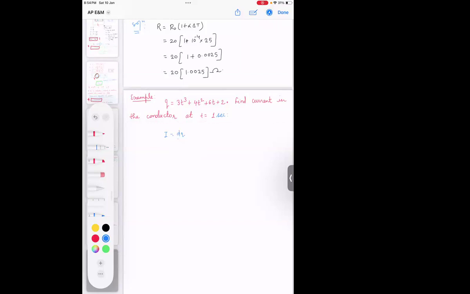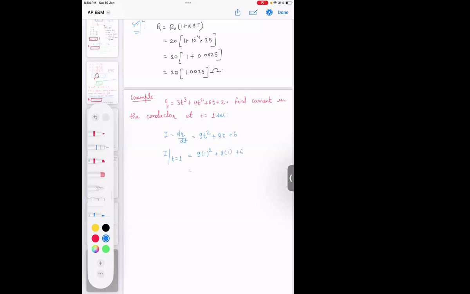So differentiation is needed. Differentiating 3t cubed gives 9t square, plus 8t from the next term, plus 6. And when did they ask the current? At t equal to 1 second. Let's put t equal to 1. So 9 into 1 squared, plus 8 into 1, plus 6.